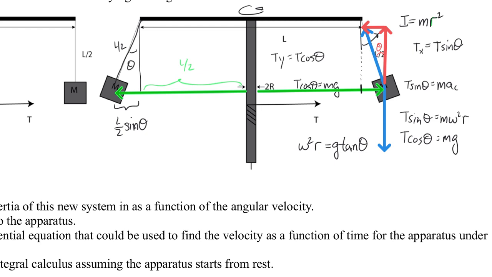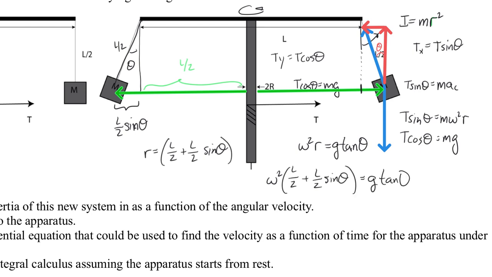So R is L over 2 plus L over 2 sine theta. Wow, that means this is omega squared times L over 2 plus L over 2 sine theta equals g tangent theta.